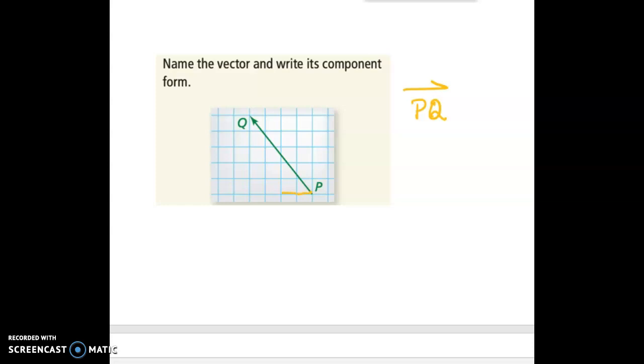How many units? 1, 2, 3, and 4 units to the left, and then 4 units up. 1, 2, 3, 4, and 5 units up. So 5 up, and because it is going to the left, it will be negative 4. If I have to write it in the notation form, it will be negative 4 and 5.